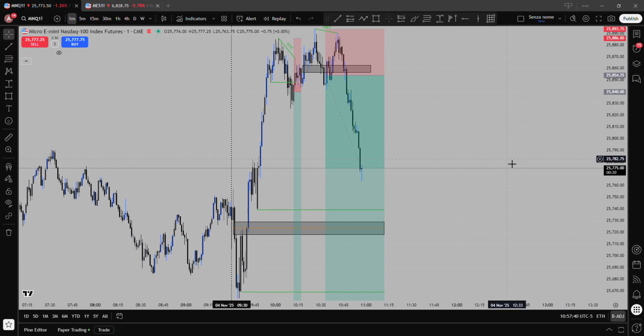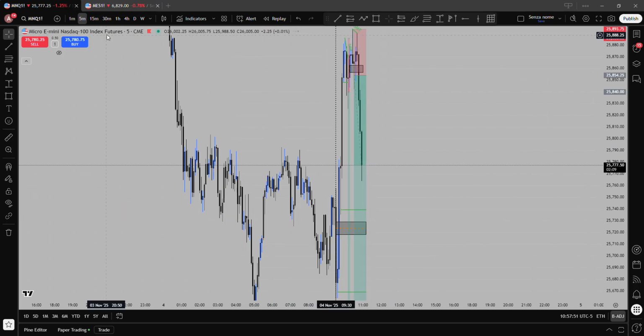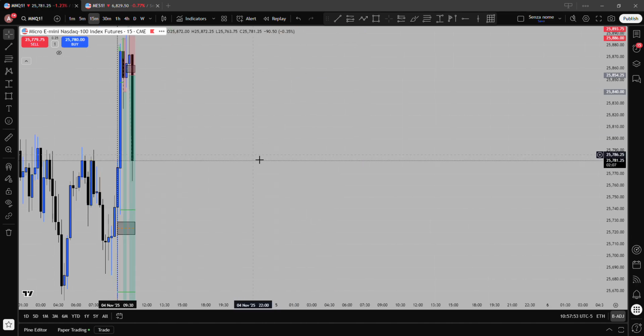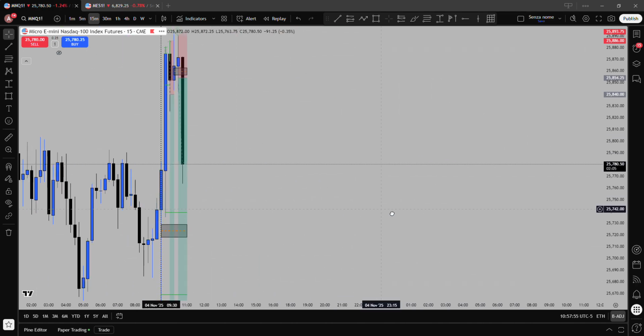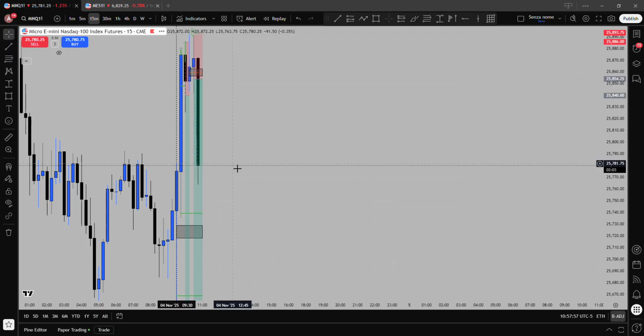We're doing some huge movement here. We basically ended up inverting all those 1-minute fair value gaps. That was actually a 15-minute fair value gap, and it's still not closed yet. We just need 2 minutes.